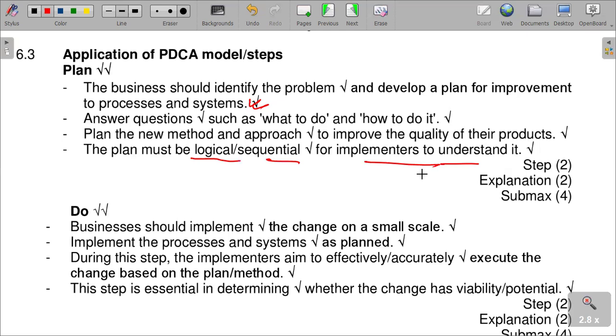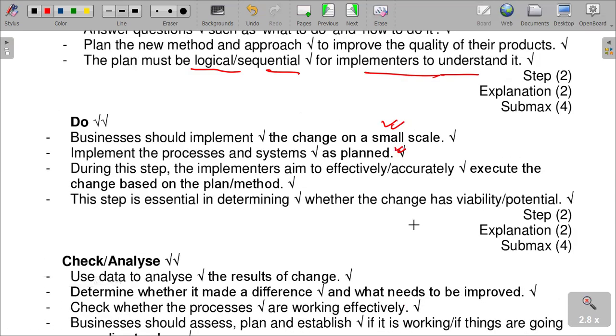We are saying the do part now, businesses should implement the change on small scale. On the doing process, on the implementation, it must be done on a small scale and then implement the processes and systems as planned. During this step, the implementers aim to accurately execute the change based on the method or plan that has been identified.